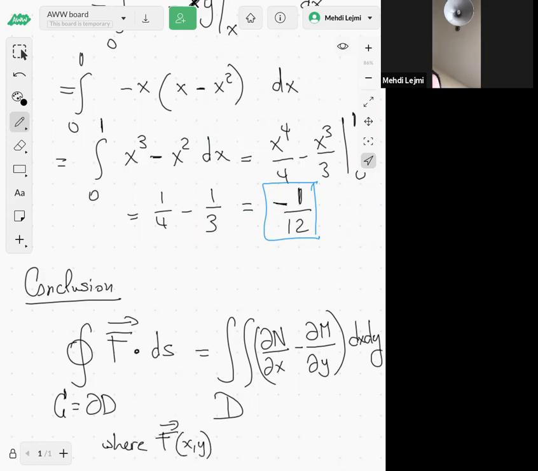Both are equal to, of course, -1/12 in this example. Right? Okay, so we just verified Green's theorem.